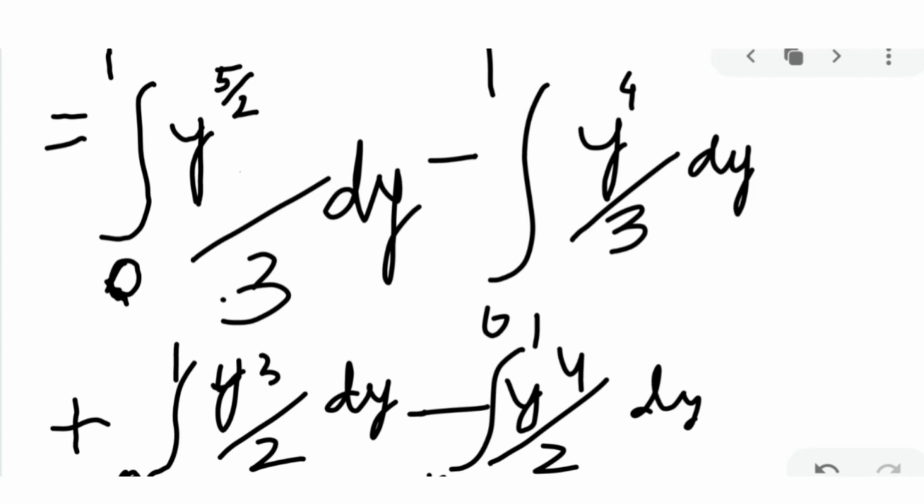Now we will be integrating with respect to dy. So in the next step we will be getting this.